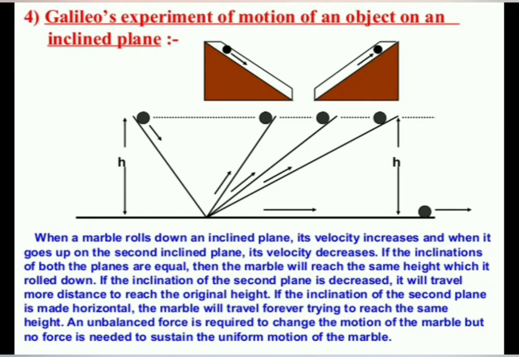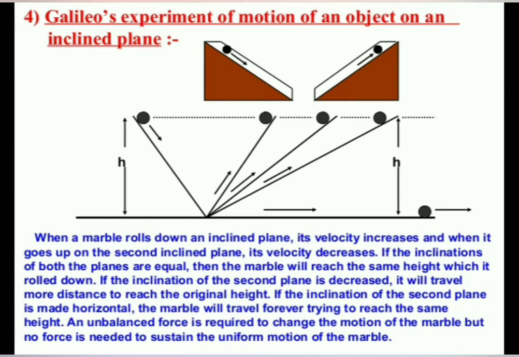If the inclination of the second plane is decreased, the marble will travel more distance to reach the original height. If the inclination of the second plane is made horizontal, the marble will travel forever, trying to reach the same height. An unbalanced force is required to change the motion of the marble, but no force is needed to sustain the uniform motion of the marble.